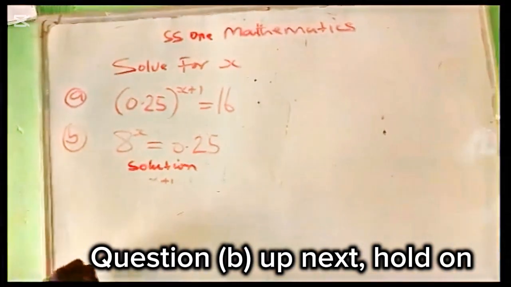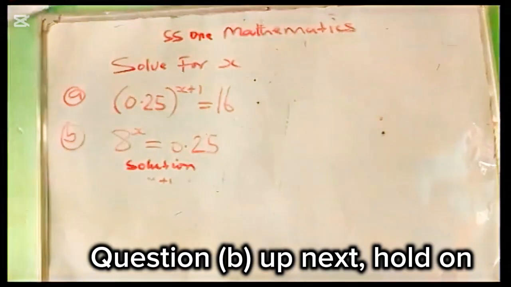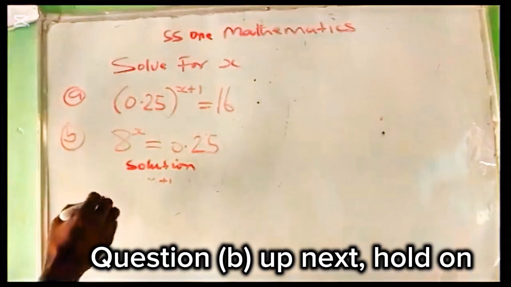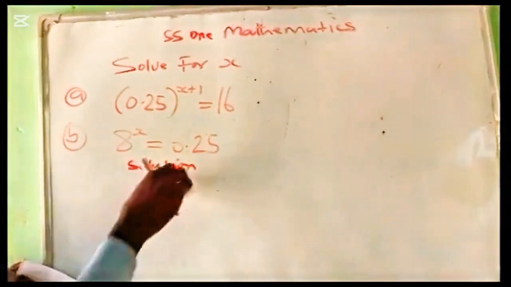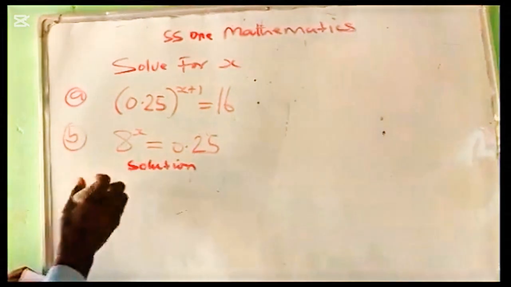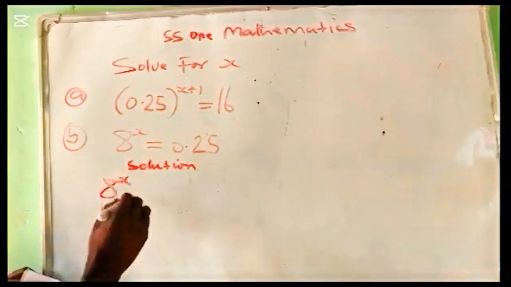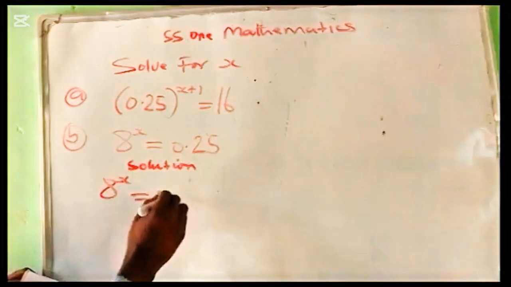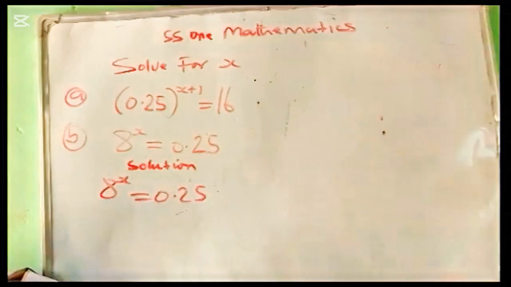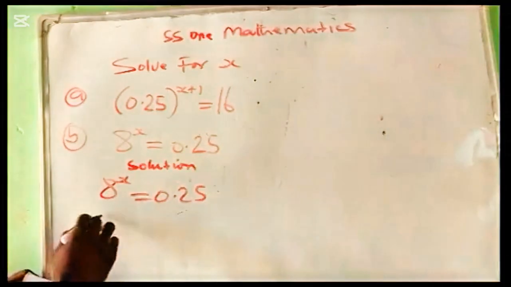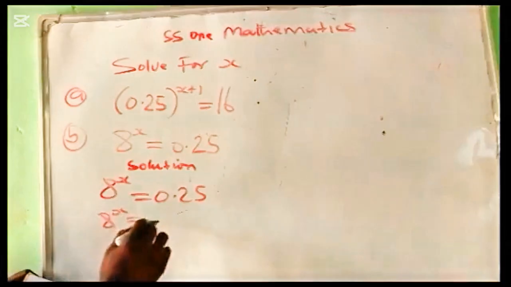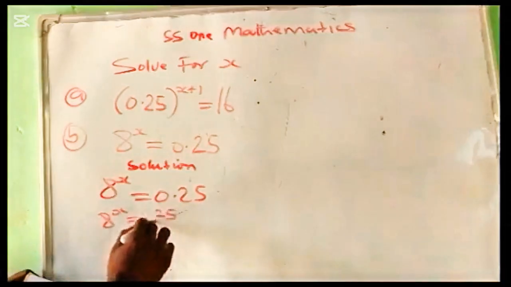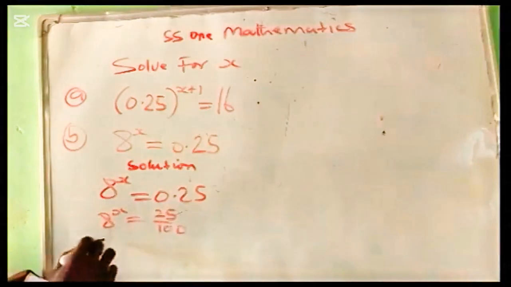Alright, let's tackle B. B now is the same procedure you can use. If you can solve A, this one will not be difficult. So this one will give you 8 raised to power x, and this will be 25 over 100.